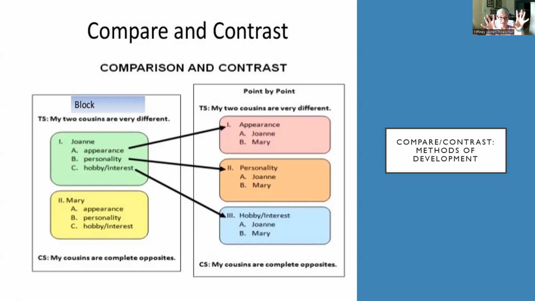First is making sure that you have used one of these methods of organization, but also making sure that your ideas have been presented in the same pattern all the way through. We're going to take a look at that too as we go through some sample paragraphs here shortly.